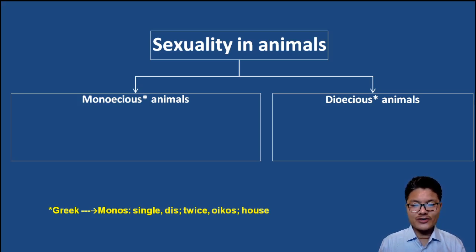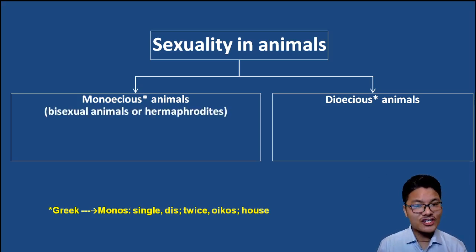So one house and two houses, from where the gametes are coming from. In the case of monoecious, one house: the gametes come from one individual. In the case of dioecious, gametes are produced by two different houses. That means we have two sexes.